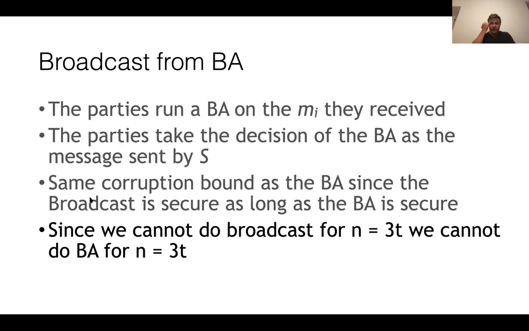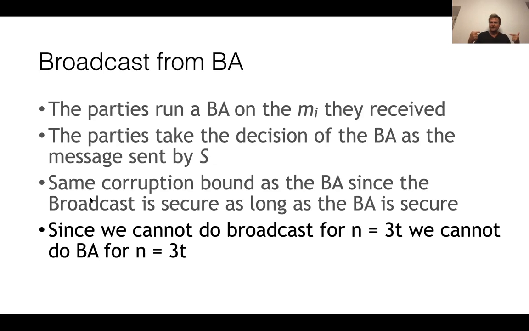In particular, we can conclude that Byzantine agreement cannot be solved with just authenticated channels if you have 1/3 corruptions. Because if we could solve it for, let's say, 30 servers out of which 10 could be corrupted, I could just use the protocol I just showed you, and from that Byzantine agreement, do broadcast in the same setting.